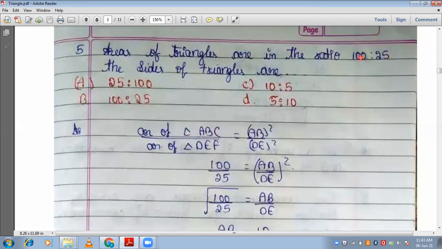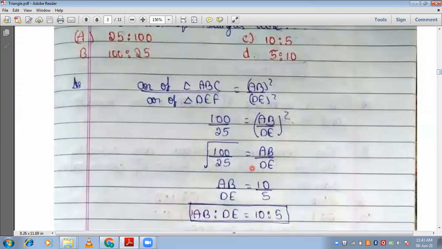Area of triangle ABC is 100 divided by area of triangle DEF is 25, equal to AB by DE whole square. When you shift the square to the left hand side, it becomes square root of 100 divided by 25 equal to AB by DE. So AB by DE is equal to square root of 100, which is 10, over square root of 25, which is 5. So which option is right? 10 is to 5.